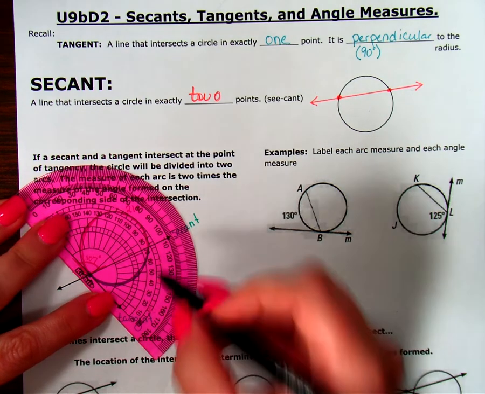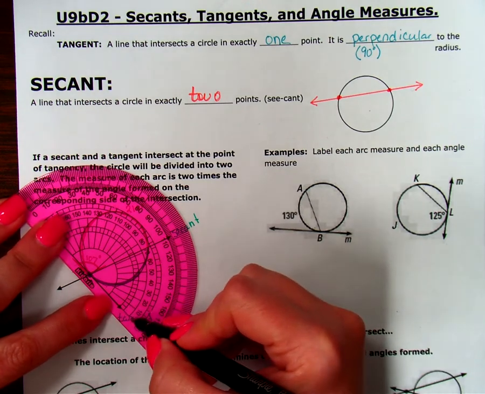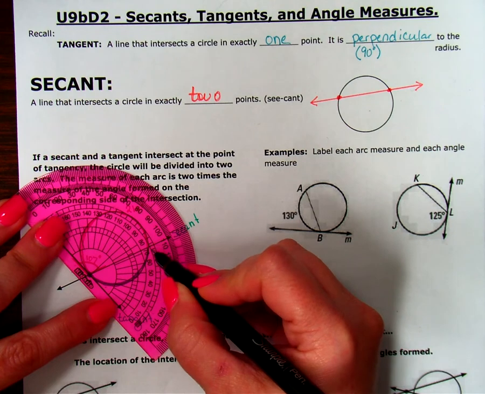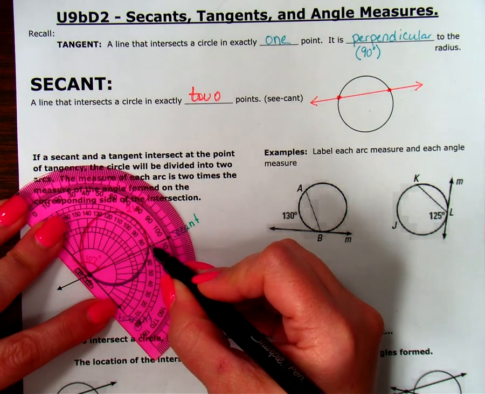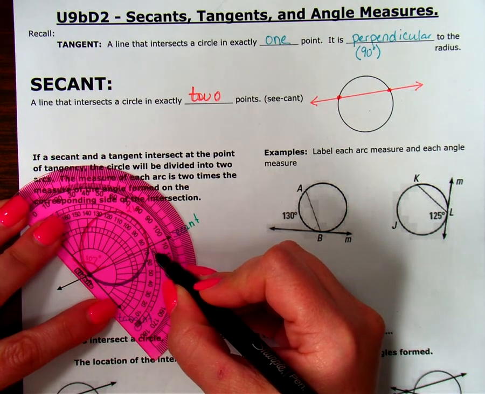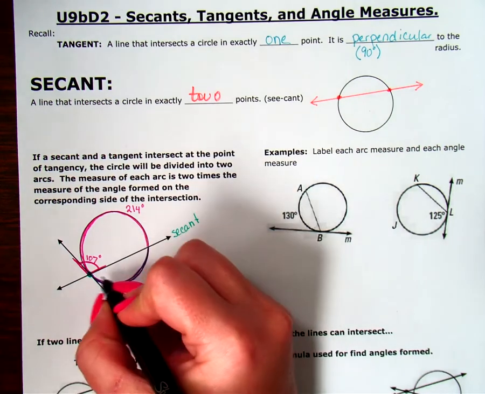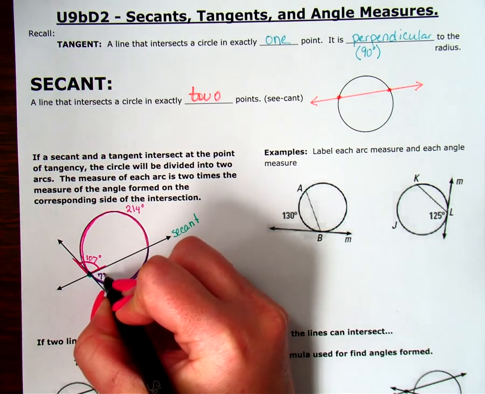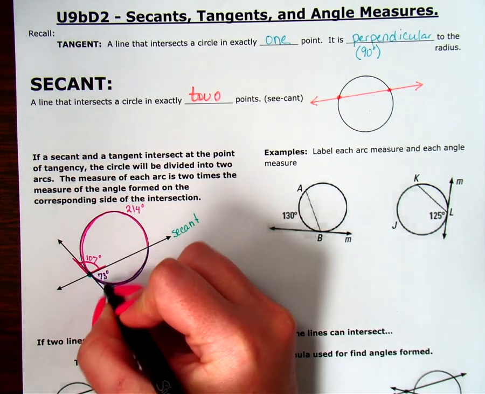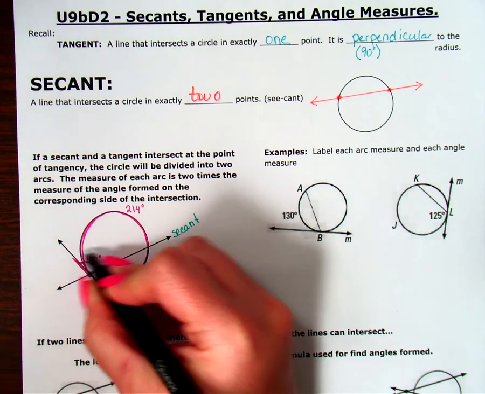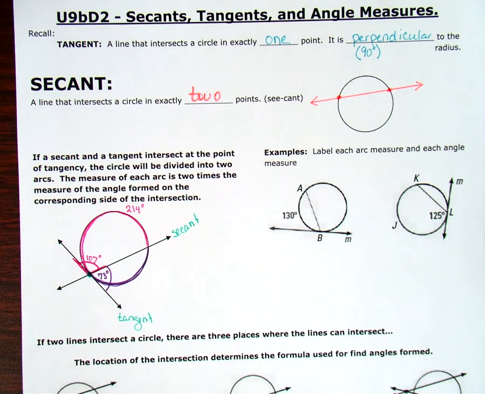So if I measure around, this time I'm going to this 0, and so I'm looking at the inside numbers, and I can see it's between 75 and 80, and it looks like it is about 73 degrees, which makes sense because I have 107 and 73, and together those angles make up this whole tangent line of 180 degrees.